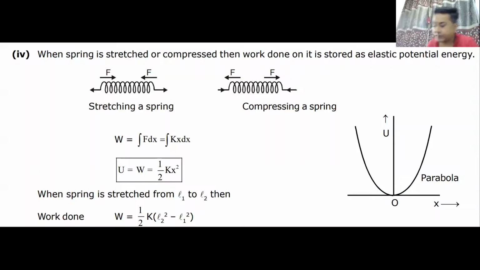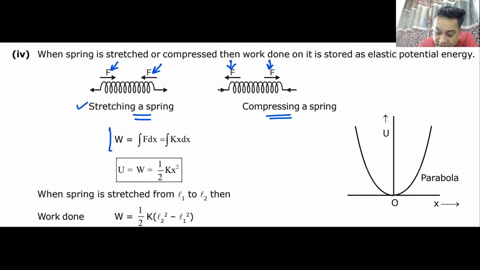One minute. Let us move forward, and here we will see what happens when a spring is stretched. When the spring is stretched, the spring will apply a force in such a way that the spring comes back to its original position. When the spring is compressed, again the spring will apply force in the opposite direction to come back to its original position.